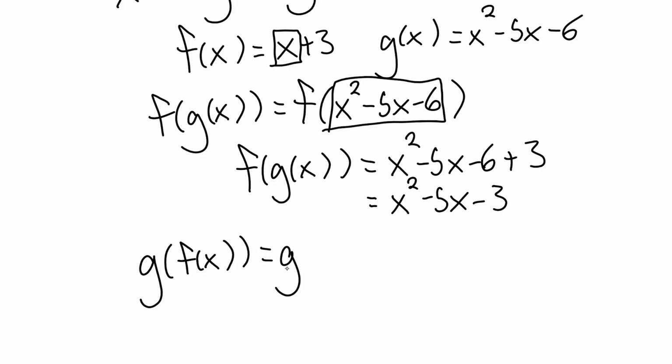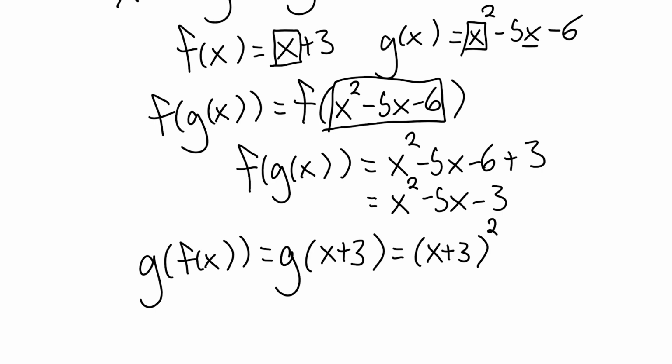So here we're doing g of x plus 3, since that's what f of x is. Everywhere there is an x in g, we're going to replace it with all of x plus 3. Notice there's an x that's being squared, so we're going to have x plus 3 being squared. We're replacing that entire x term with x plus 3.